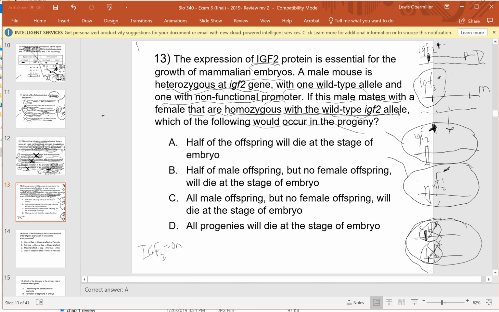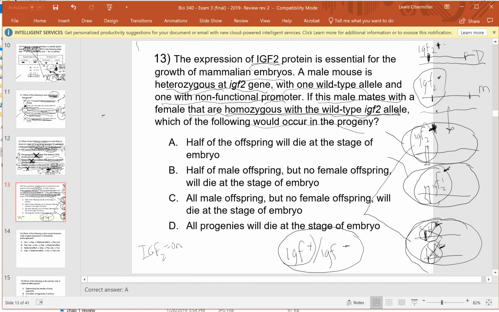And these from dad get imprinted to be turned on. So these act just like their IGF minus, and these act like their IGF minus. So when you have these, this one comes from dad, you end up with IGF plus and IGF minus.